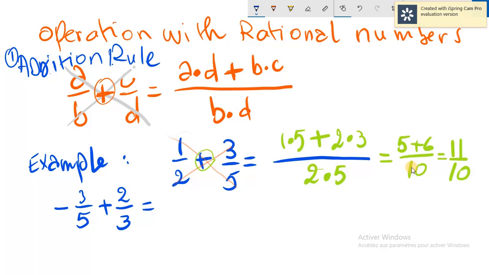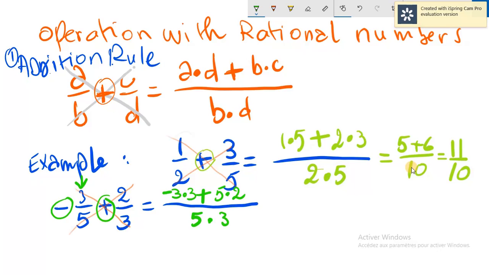So you need to cross the numbers. Negative 3 times 3 added to 5 times 2, over 5 times 3. So let's calculate this. Negative 3 times 3 is equal to negative 9, added to 5 times 2. 5 times 2 is equal to 10. Now, divided by 5 times 3, which is equal to 15.